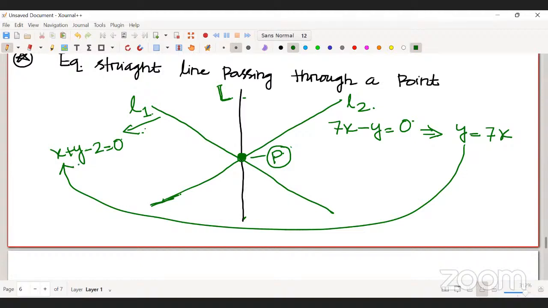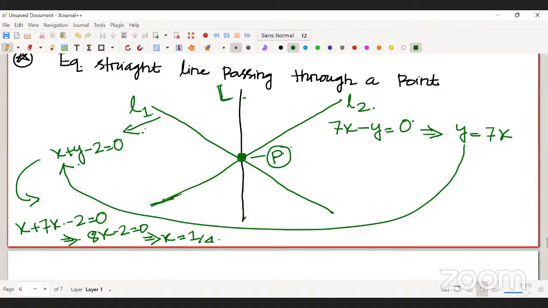Substituting y equal to 7x, x plus 7x minus 2 equal to 0, which is basically 8x minus 2 equal to 0. That means x equal to 1 by 4, right?